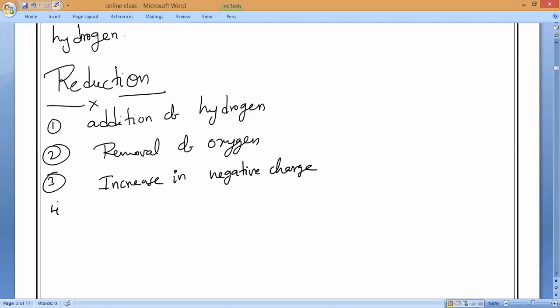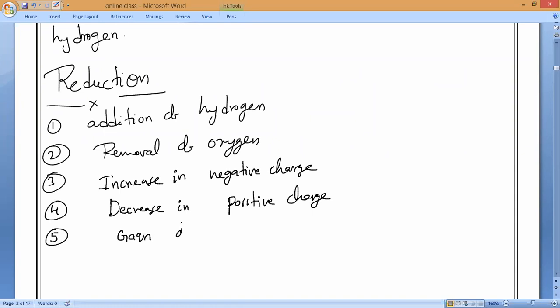Fourth: decrease in positive charge. And gain of electrons. That is what we call reduction.